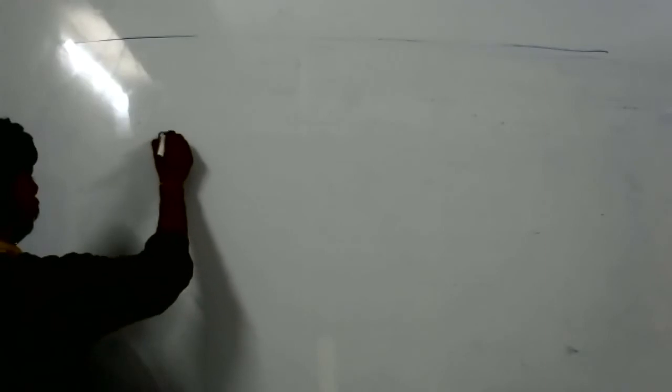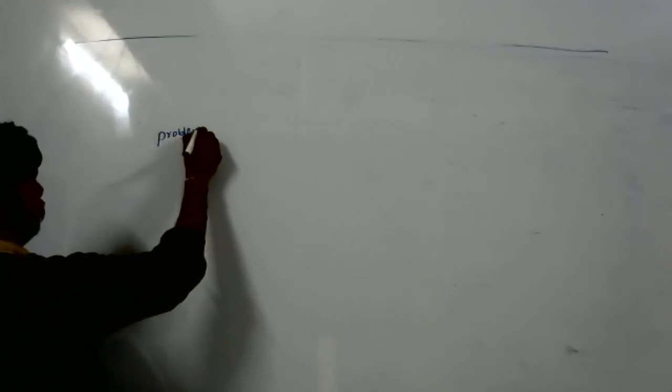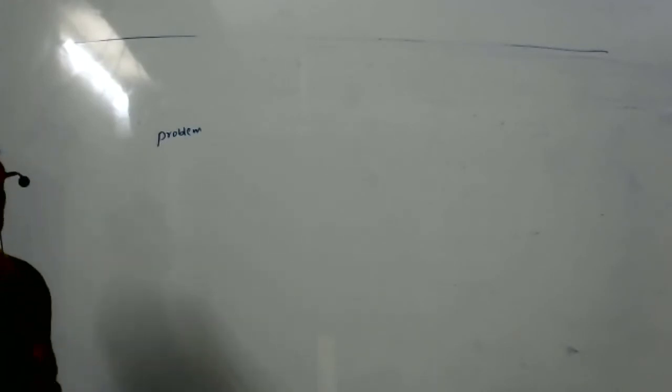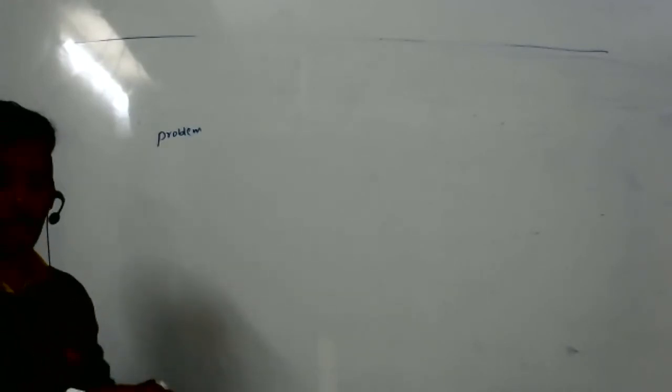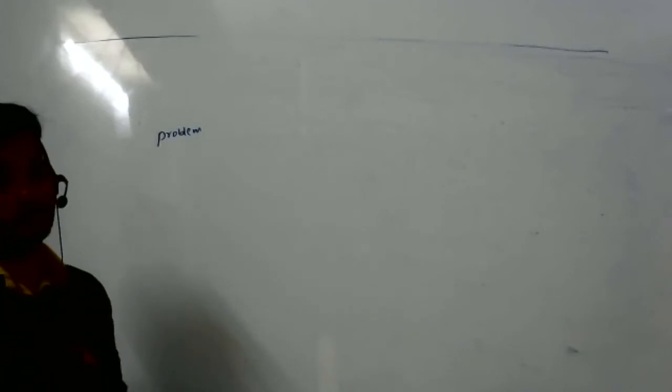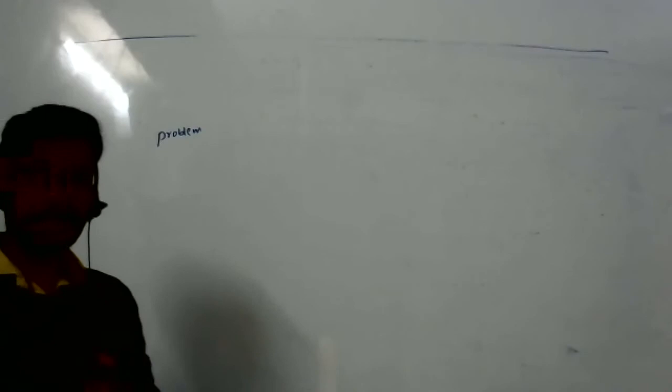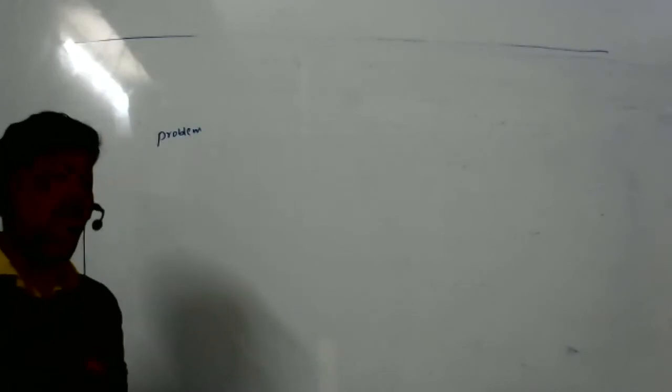Let's see a problem. Try to do this, okay? Sir, so area of triangle is equal to half A cross B, right? A cross B. Base into height. So it's cross product. Cross product times sin theta.